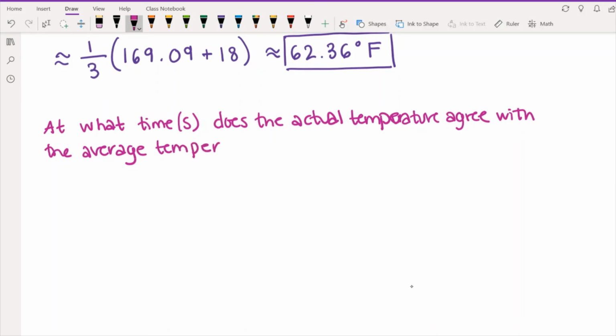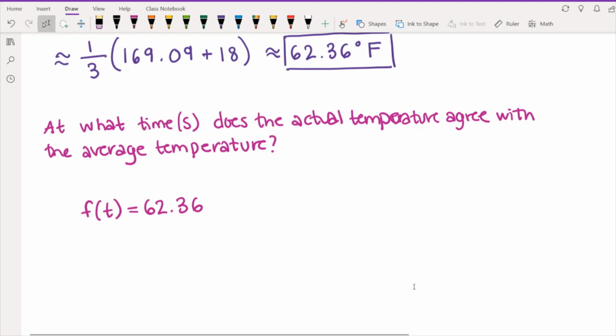And so really this is equivalent to doing that second part that we've done on the other ones. We're basically looking for an x value in our interval that agrees with the average. And so what we're really doing here is we're solving f of t is equal to 62.36.